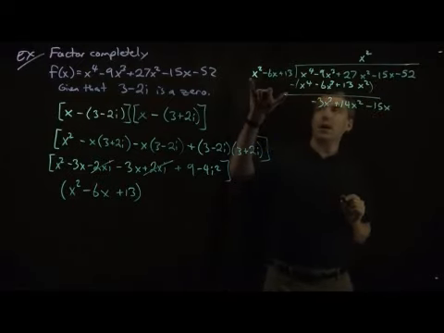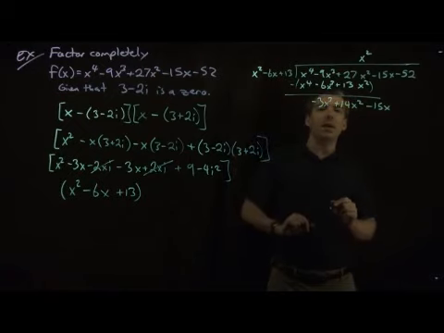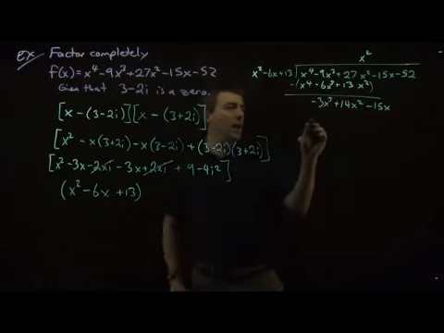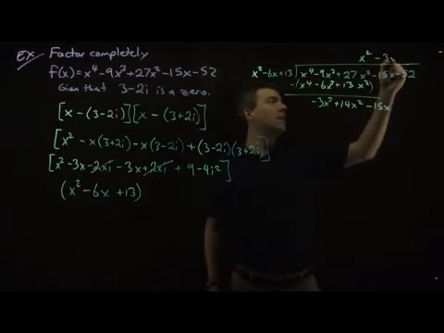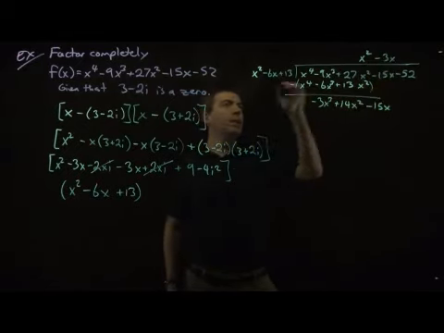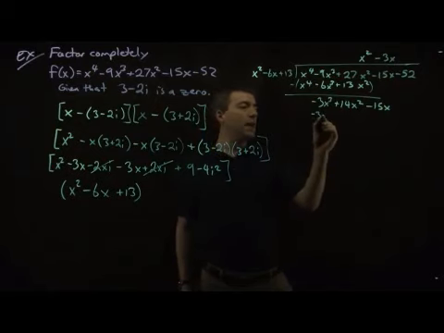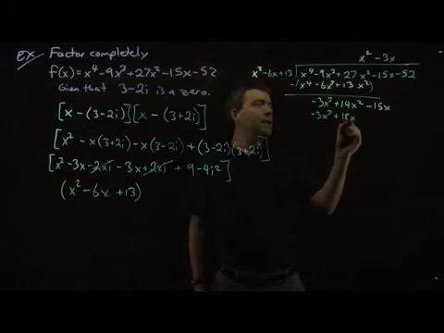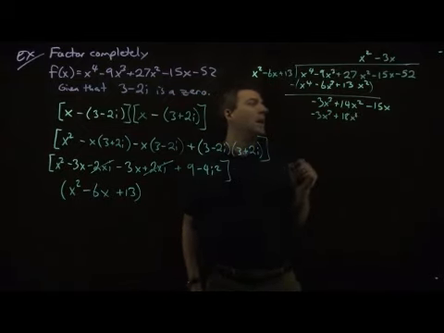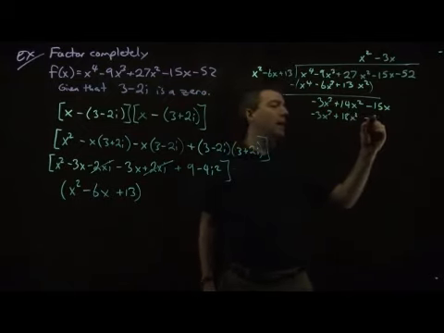And now we need to multiply x squared by something to get negative 3x cubed. That is negative 3x. So negative 3x times x squared is negative 3x cubed plus 18x squared, and then I will have minus 39x.